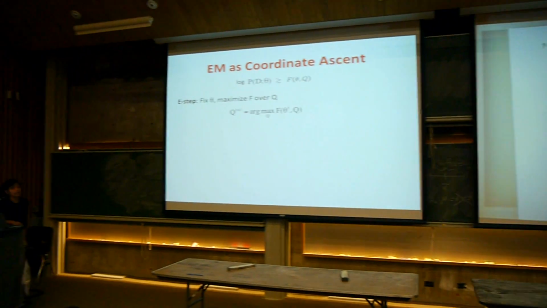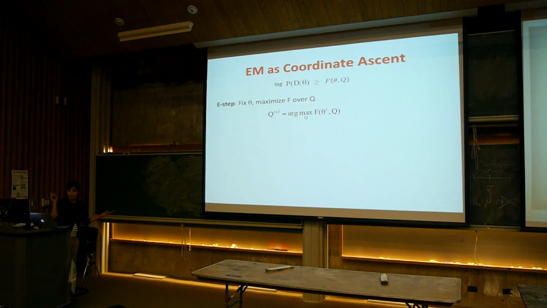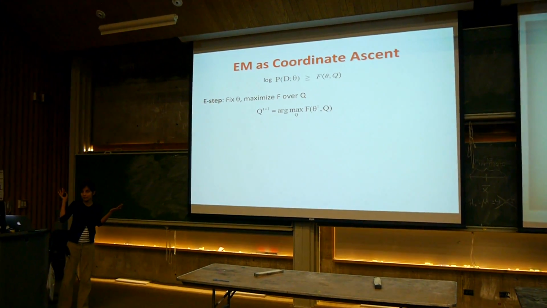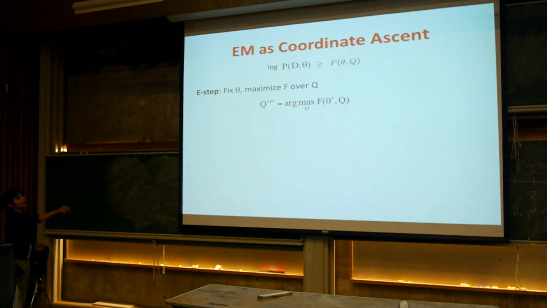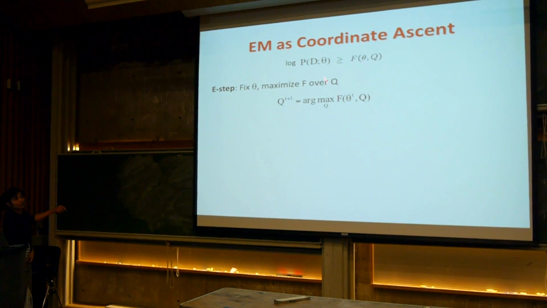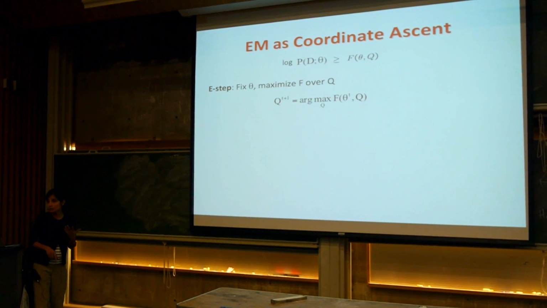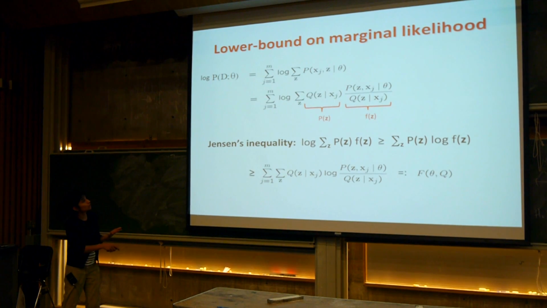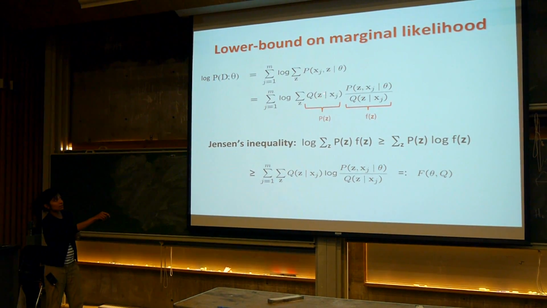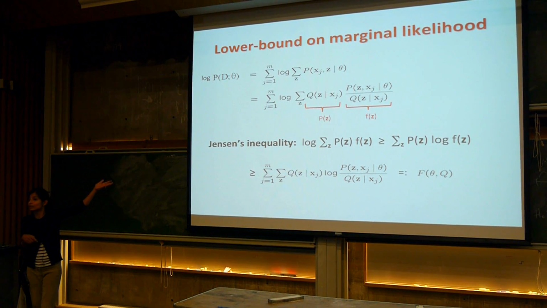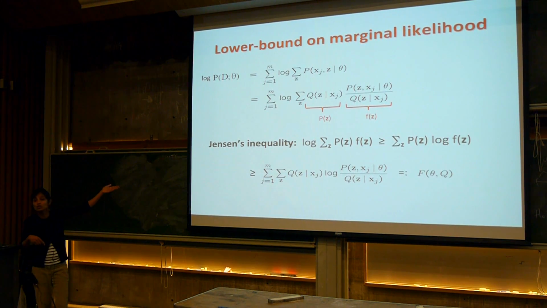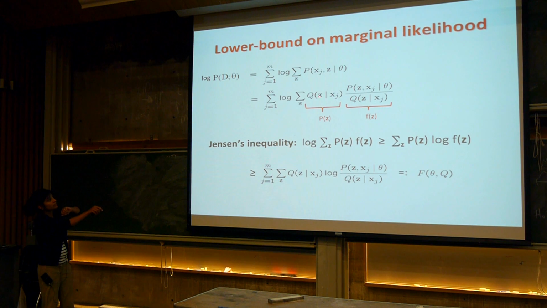And the E step is going to fix theta, the set of our parameters. You initialize them randomly, then you fix them, and you maximize this lower bound over q. And q is just going to have something to do with the expected value of our hidden data. Z was the hidden data, so it's essentially a distribution over that hidden data.